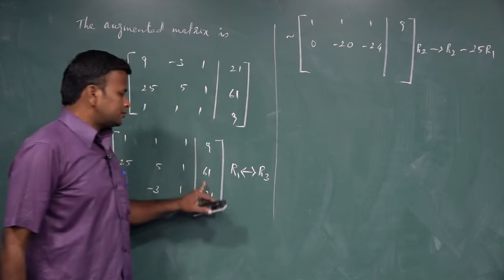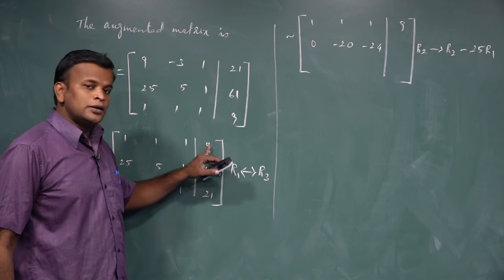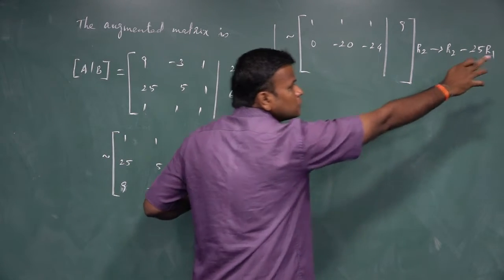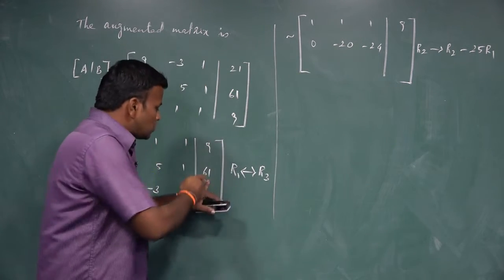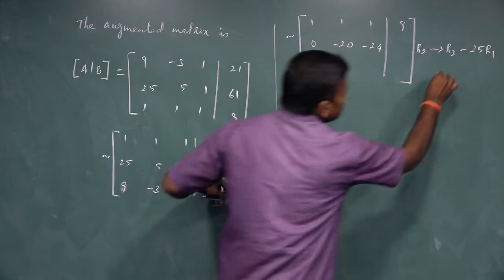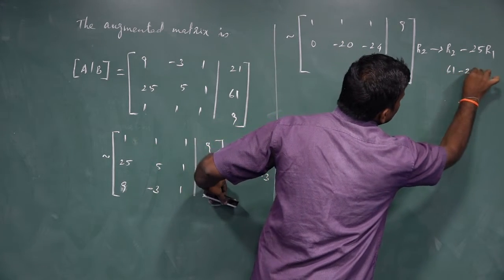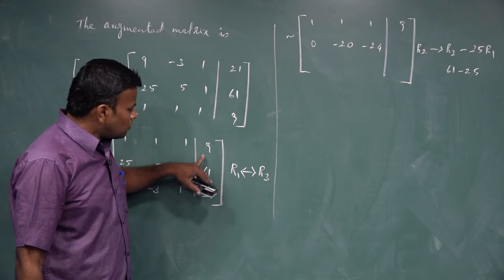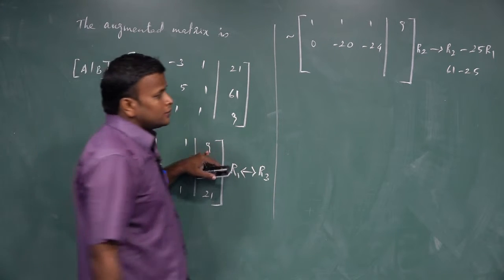It's a big number, 61 and 9. We write R2 as R2 minus 25 R1. In the place of R2 here, 61 minus 25 times of the corresponding element of 61 in R1, which is 9.